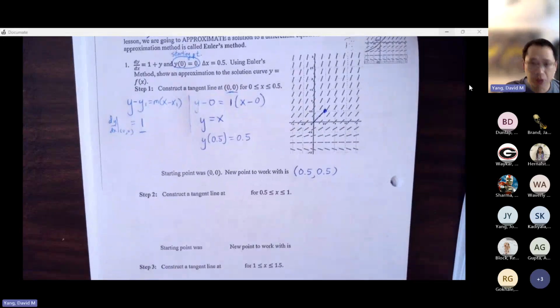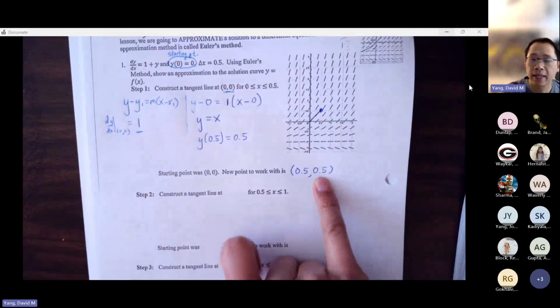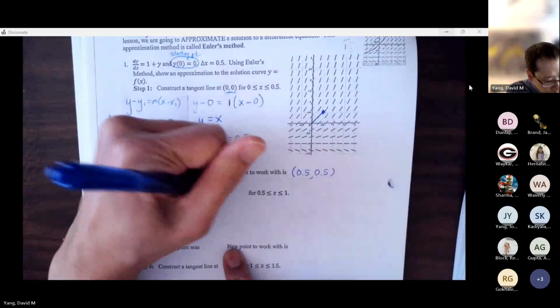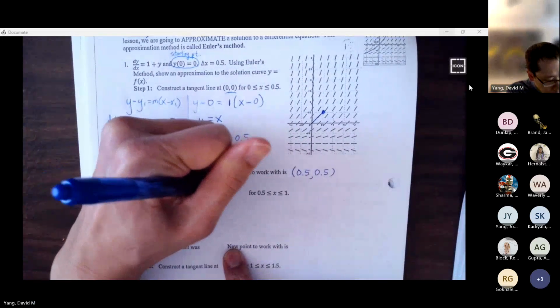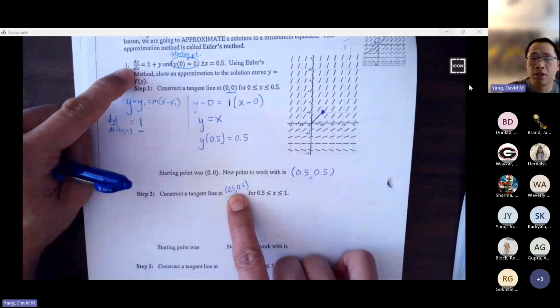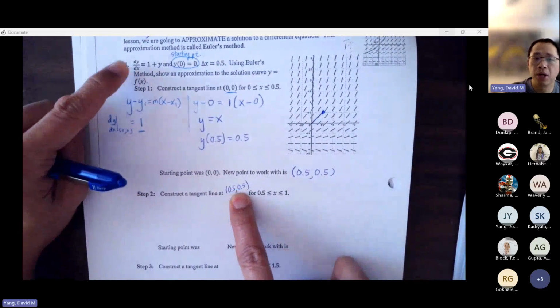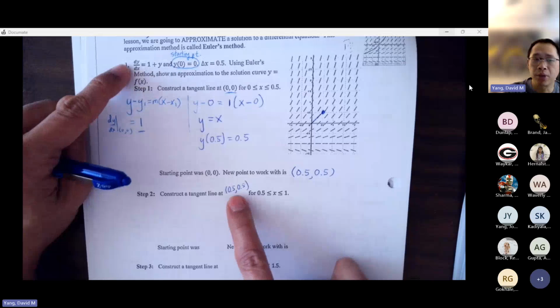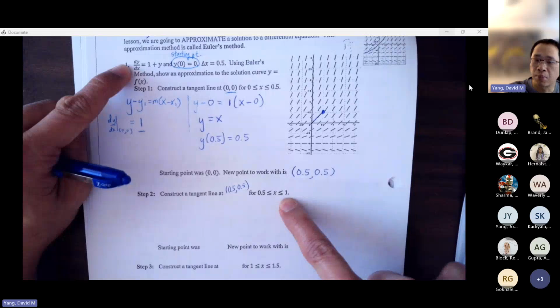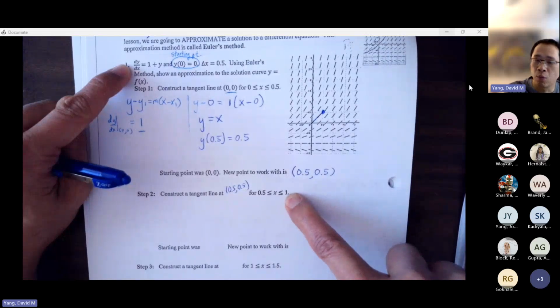So now step two, we're going to construct a tangent line at our new point. We'll plug this into our differential equation to get our slope. From there, we'll build our tangent line equation, and using that new line, we will find our approximated y value at x equals 1.